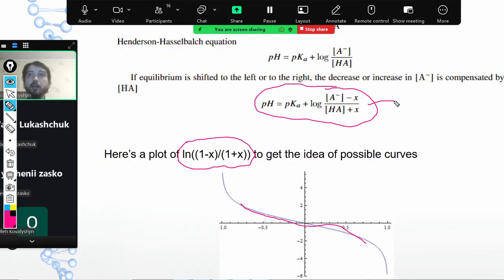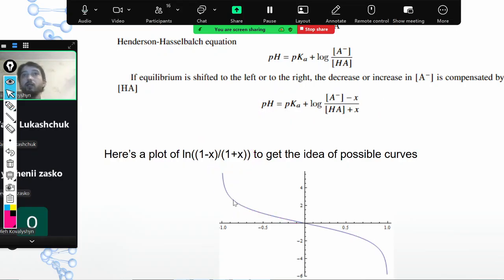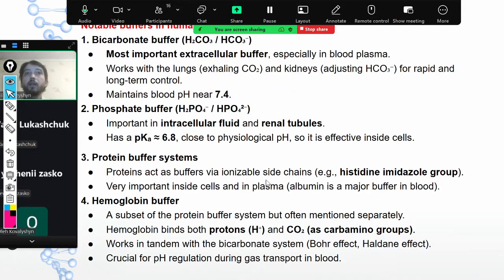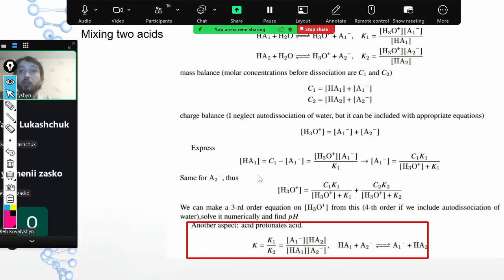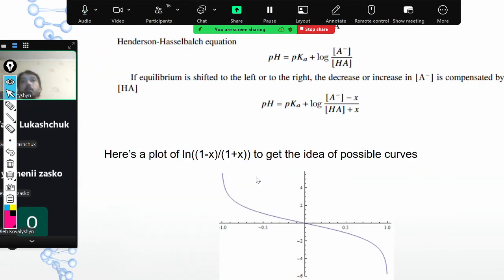So basically this is the result of the properties of the logarithms. So that's why we get these plateaus, and that's why buffers are able to basically keep pH stable.